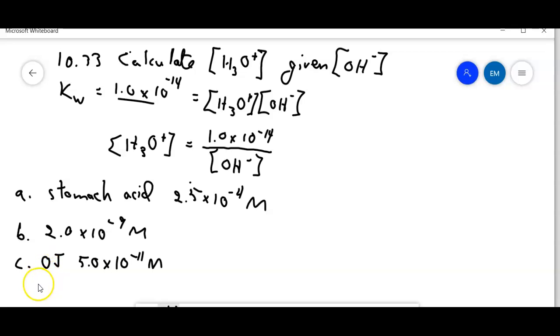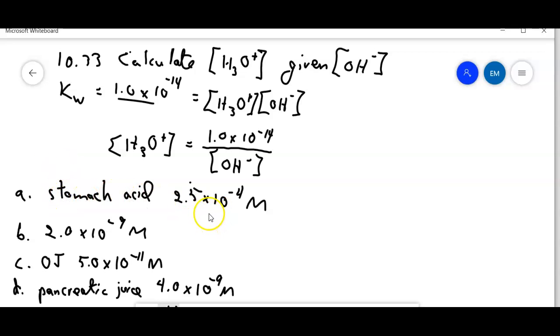And pancreatic juice at 4.0 times 10 to the minus 9th molar. And these are all hydroxide ion concentrations, okay?